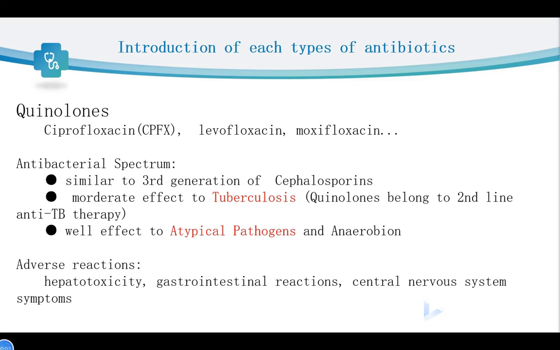The adverse reactions of quinolones include hepatotoxicity, gastrointestinal reaction, central nervous system symptoms, and so on.